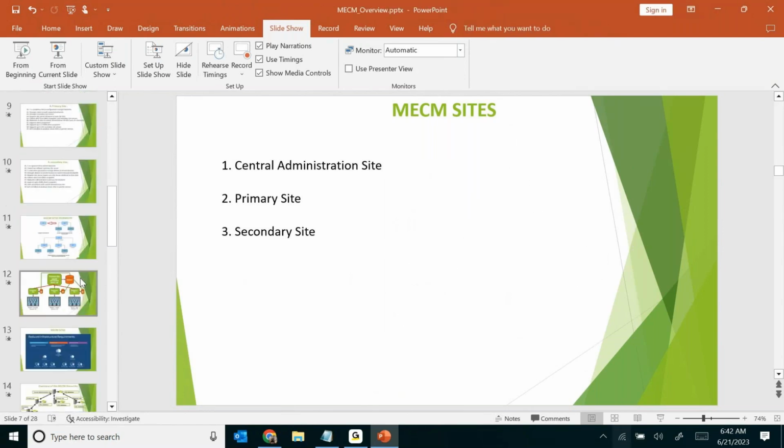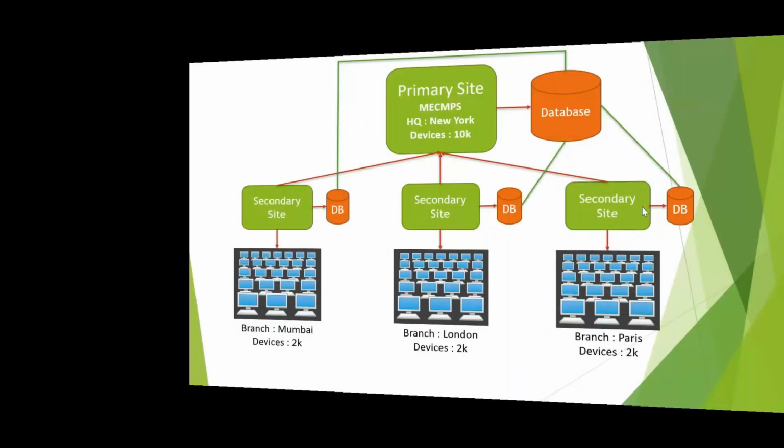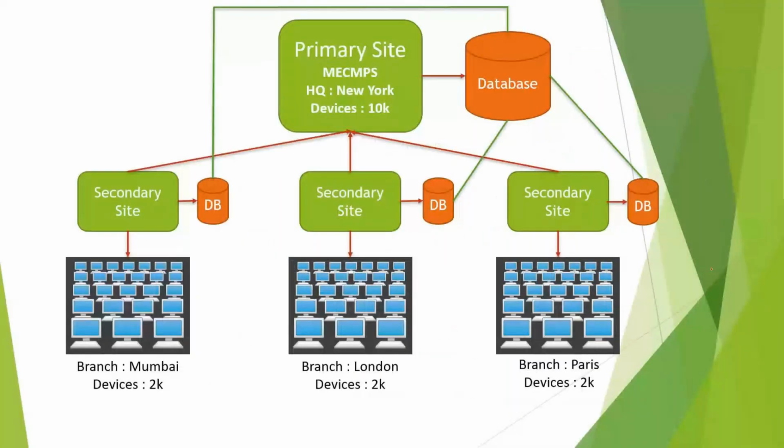So the typical architecture is this. Generally, we have this kind of architecture almost everywhere you go. You don't have central; generally you have a primary site and secondary sites. 99% of the time, wherever you go, you will find this kind of architecture. The primary site will be in the headquarters. Generally we install it in headquarters, but it is not mandatory.